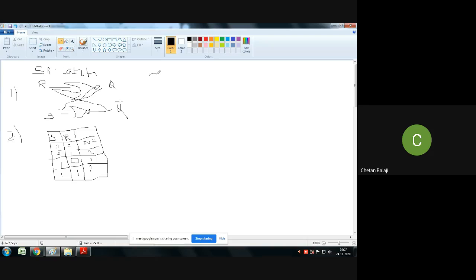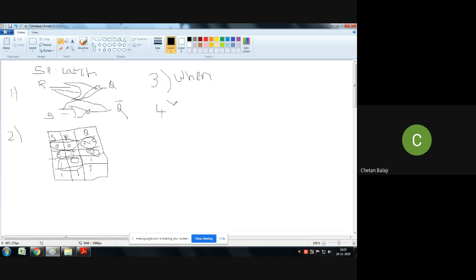Step number 3, explanation. Explanation is simple: you write when. When S equals 0, R equals 0, output Q will be no change. Case number 2: when S equals 0, R equals 1, output Q will be 0. Case number 3: when S equals 1, write the same thing for all 4 cases.